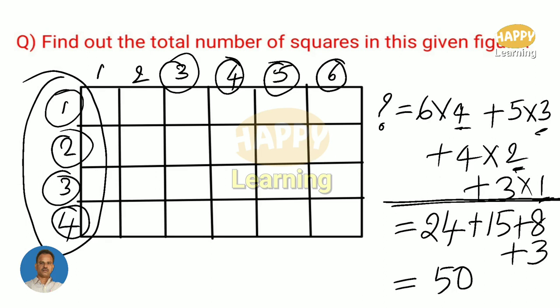So this is how you have to write the formula. So 6 fours are 24, 5 threes are 15, 4 twos are 8 and 3 ones are 3. 8 plus 3, 11, 11 plus 15, 26, 26 plus 24, 50. So total 50. Okay, right.